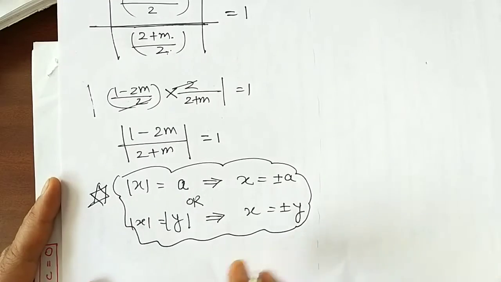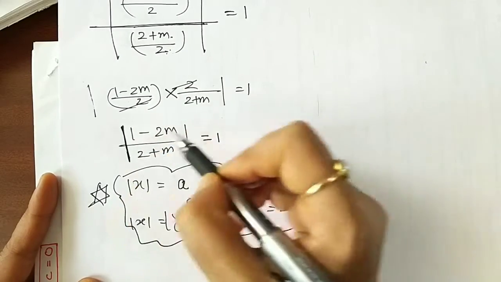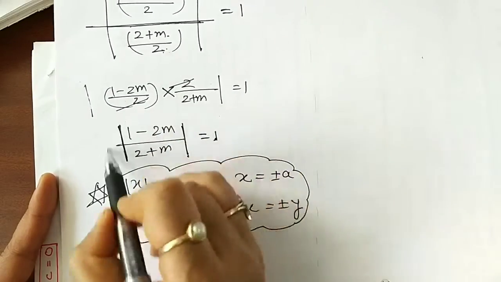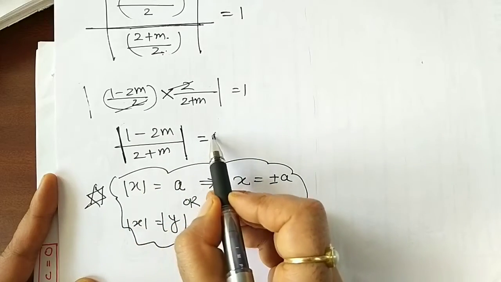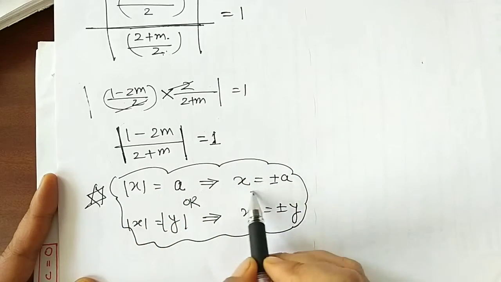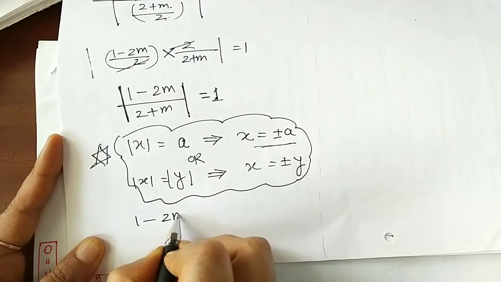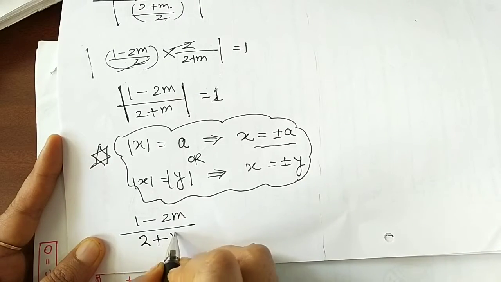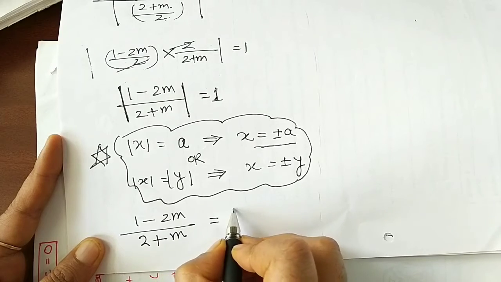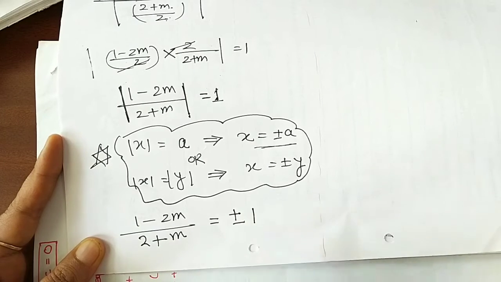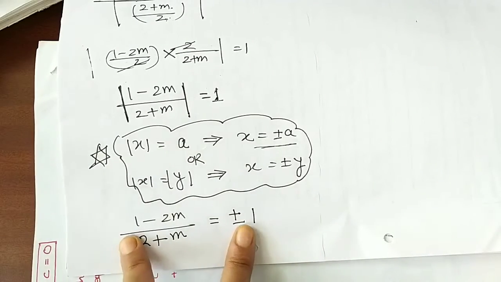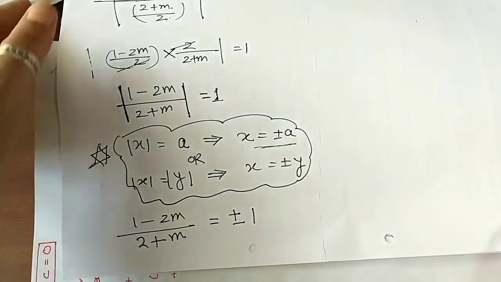So here, mod is equal to 1. When I want to get rid of mod, this 1 will become plus and minus. So let me write down (1 minus 2m) by (2 plus m) is plus minus 1. So I will take two equations, one for plus and one for minus.